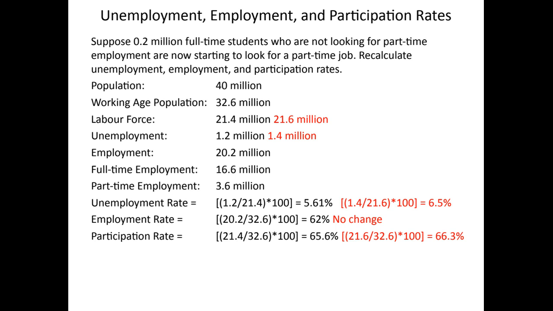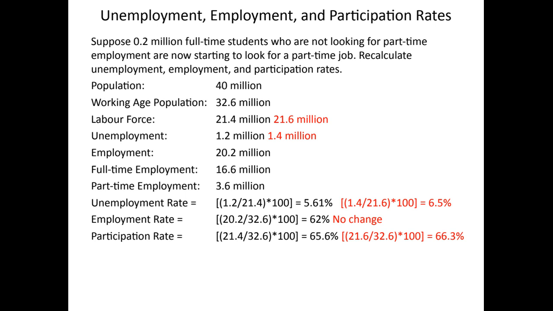So the labor force will increase from 21.4 million people to 21.6 million people. That is, we just added 0.2 million people to the labor force. From where are they coming? They are coming from the not in labor force category, which is not given in this data.